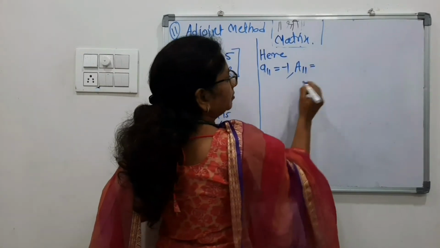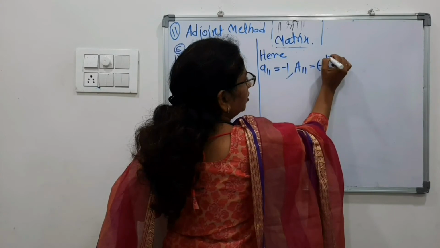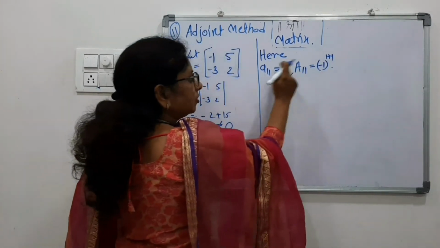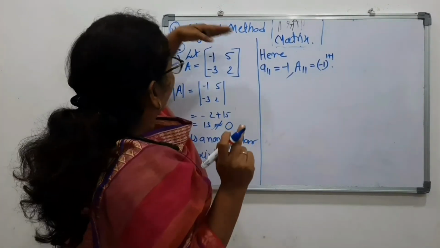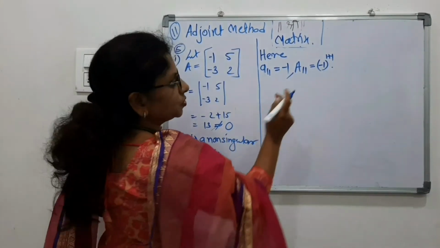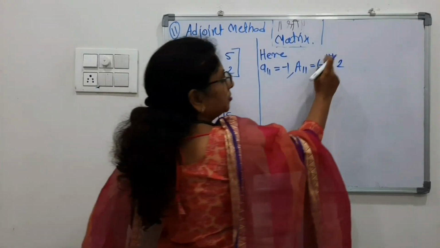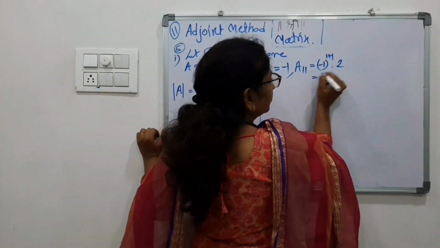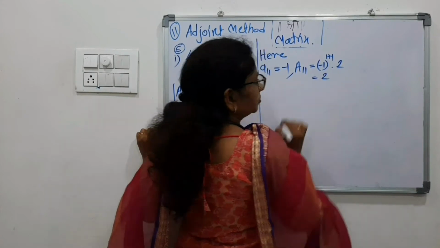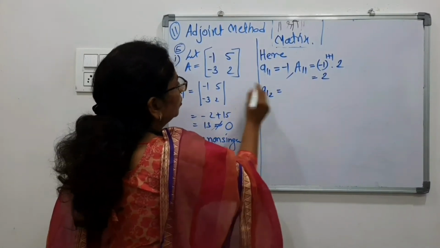Capital A11 means the cofactor, we find as minus 1 to the power 1 plus 1 into the minor of this element. It means hide this row and this column. What remains? 2. So 2 is the minor of minus 1. Minus 1 to an even power means plus 1 into 2, that is 2. Now the second element A12. What is A12? 5.